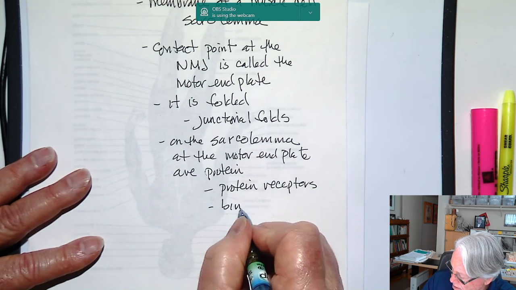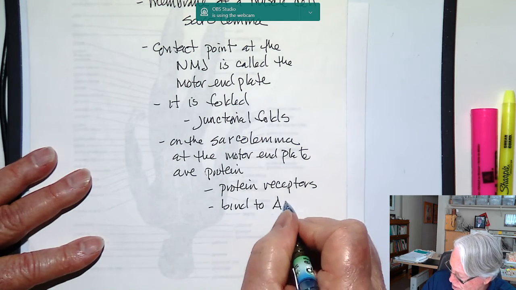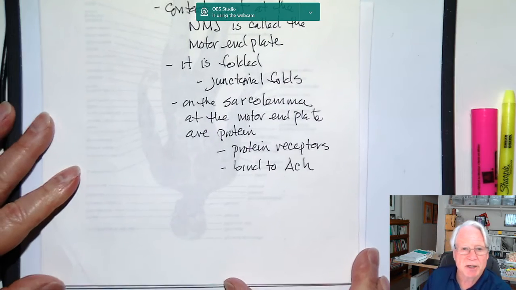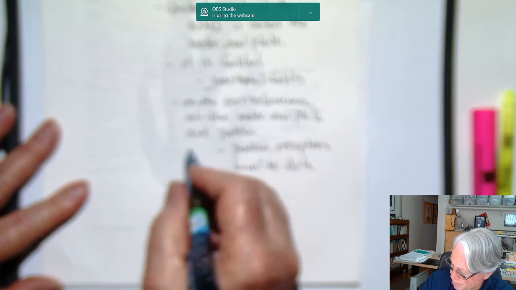They bind to acetylcholine. So if I may, we're going to draw a picture now.